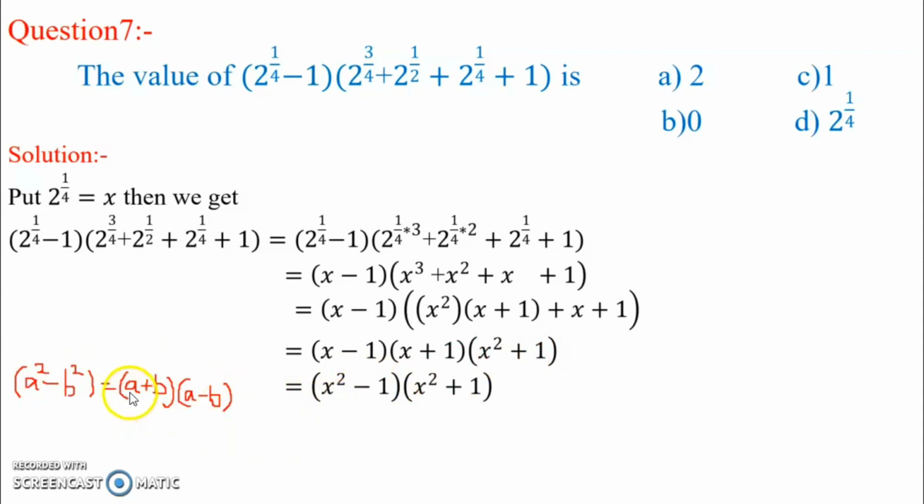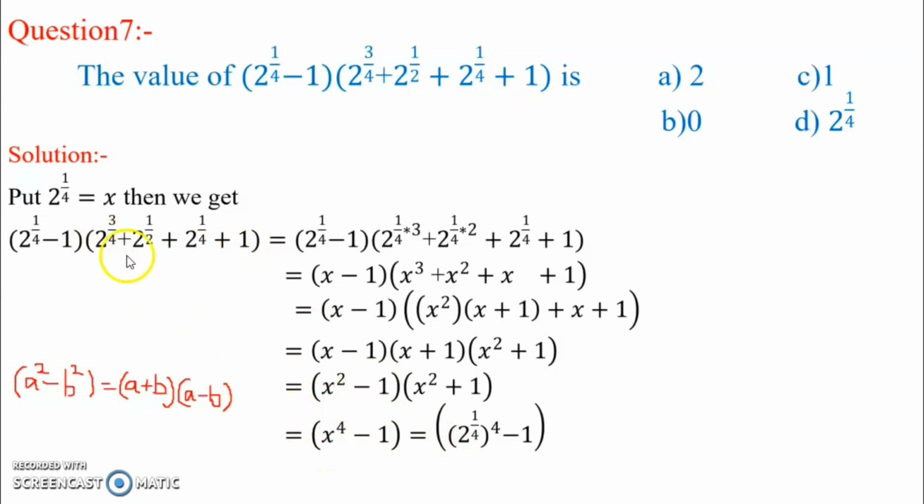What will a be over here? You have x square plus 1, so a will be x square and b will be 1. So this quantity will now be x square whole square minus 1 square, which is the same as x raised to 4 minus 1. So now you have got the most simplified value of this quantity, right?